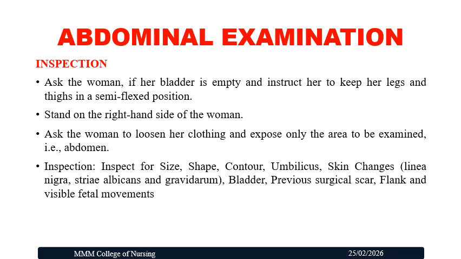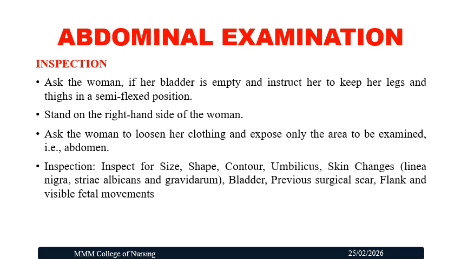Inspection: you have to check for size, shape, contour, umbilicus, skin changes, bladder, previous surgical scar, flank and visible fetal movements. In the size, we have 3 interpretations: small for gestational age, appropriate for gestational age and large for gestational age.